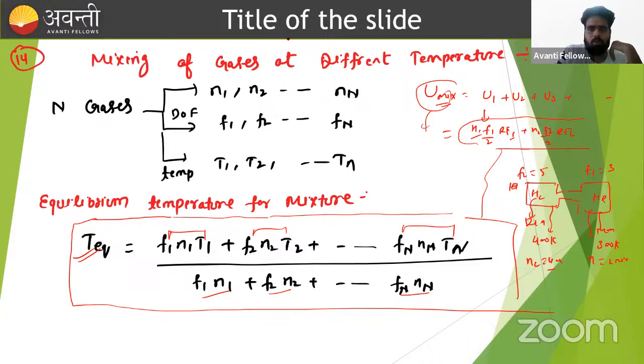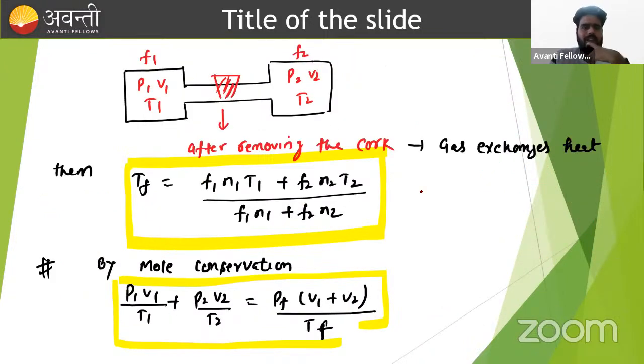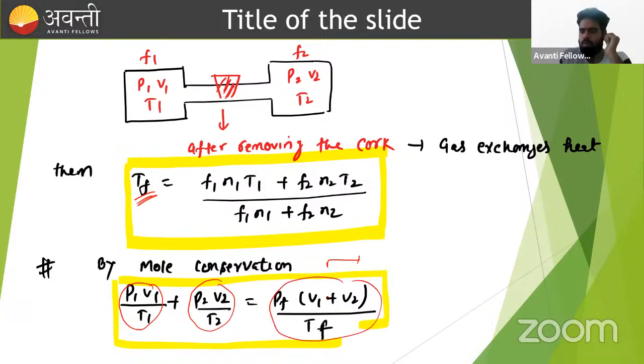Okay guys, let's move to the next slide. The similar thing we discussed in the previous slide: if we remove the cork, the exchange of gas will occur and we can find the final temperature. If you want to find the mixture temperature, what do we have to do? We have only two separate tools. One is the conservation of internal energy and another is the conservation of moles. Initial moles of both gases equal the final moles.